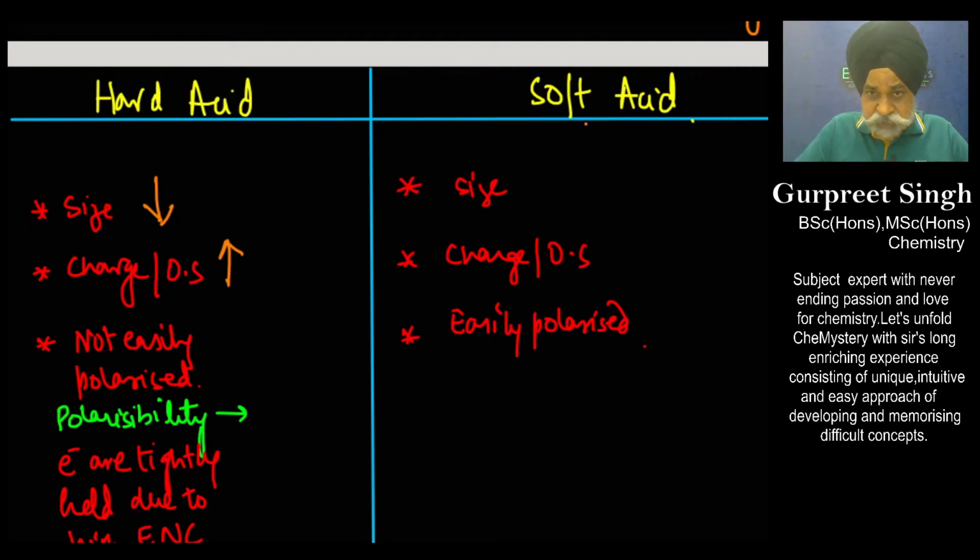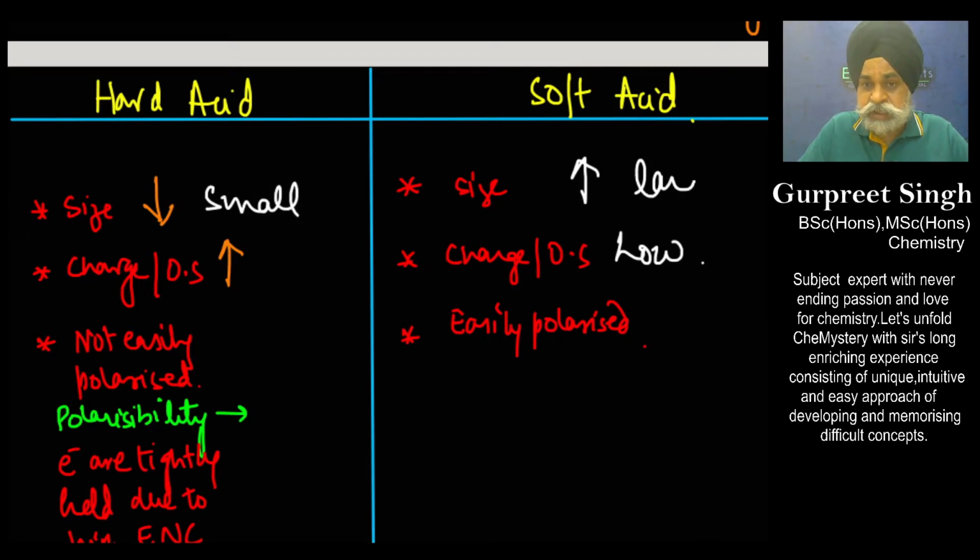On the contrary, soft is the one in which the size is big and the charge density is low. I would say the size is small here, here it is large, and the charge here is high, here it is low.